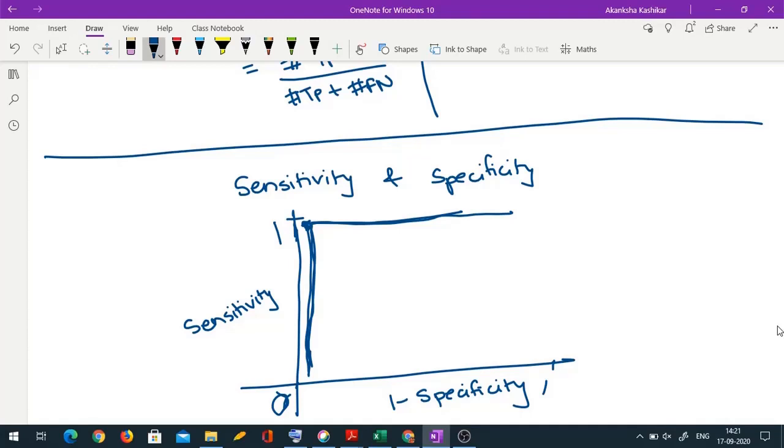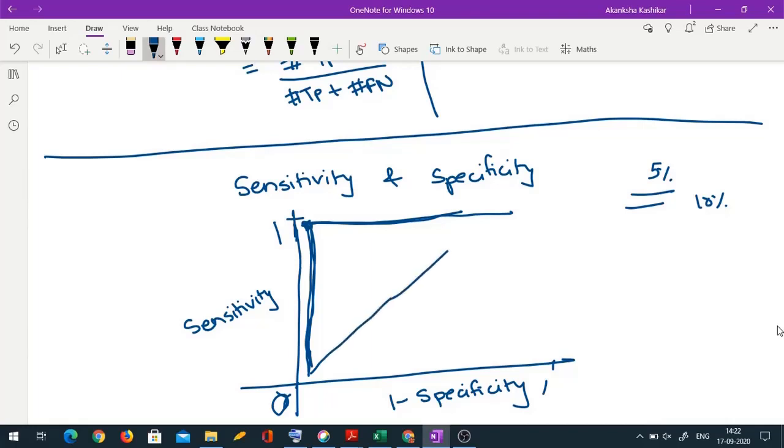What do you mean by changing sensitivity and specificity? See, instead of a 5% cutoff, if you use a 10% cutoff, then you are going to change sensitivity as well as specificity. Instead of 10%, if you go for 1%, you are still going to get a different result. So an ideal classifier should have this.